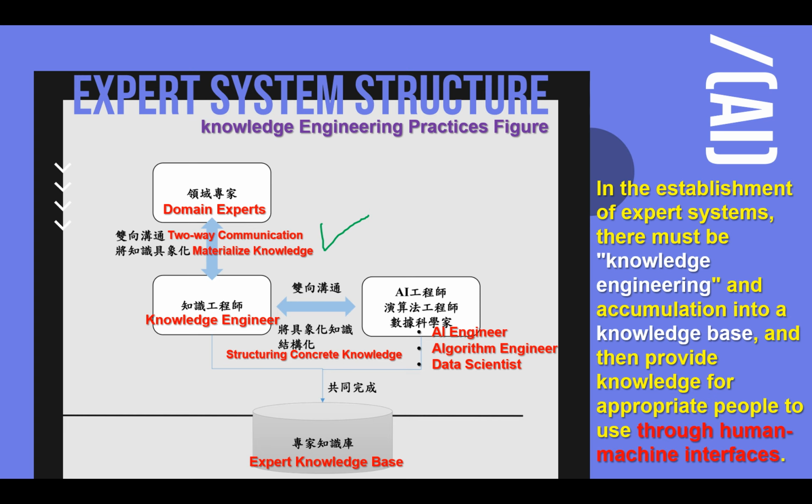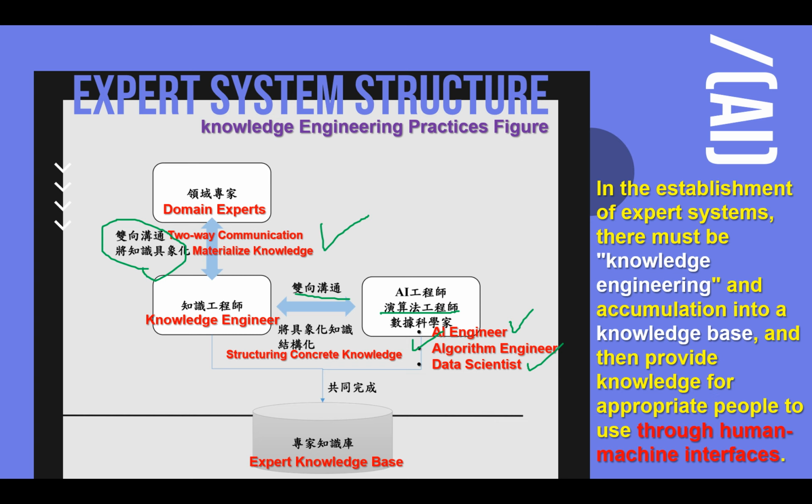And in between the knowledge engineering with AI engineer, algorithm engineer, 演算法工程师 means algorithm engineer, and data scientist. I used to be a data scientist. And they also have a mutual two-way communication, called 双向沟通, and they also will materialize knowledge. So I didn't put English right here, but actually this is the same as here.